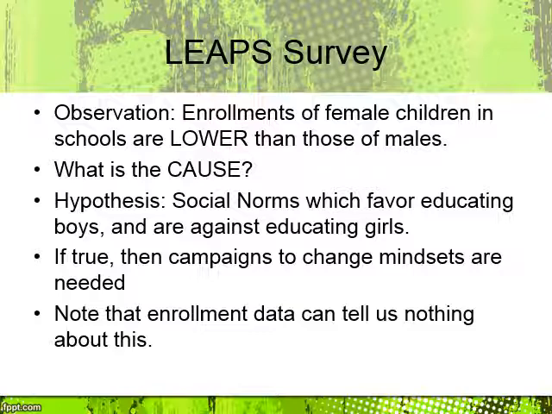And if this is the cause, then the way to correct the problem is to have public campaigns and explain the importance of educating girls and try to change the mindset of the public about this. But note that the data itself can tell us nothing about whether or not this is the cause.